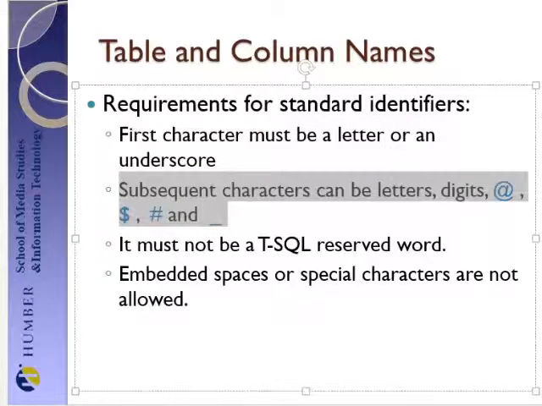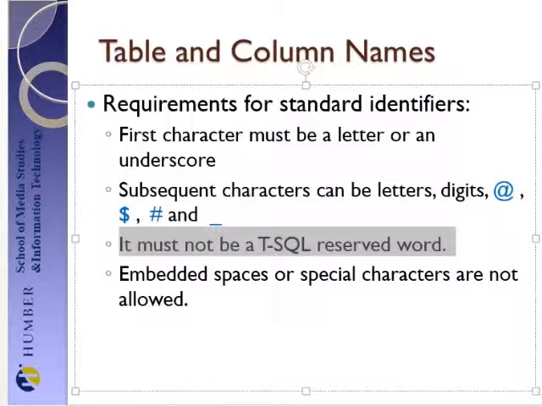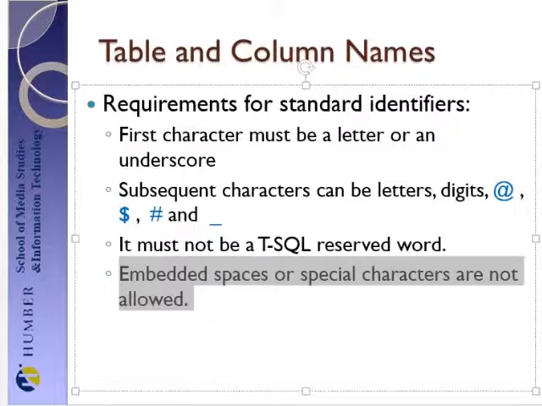They can contain letters, digits, @ sign, $ sign, hash, and underscore signs. It cannot be a reserved SQL keyword. And finally, it cannot contain any space characters or any other special characters.